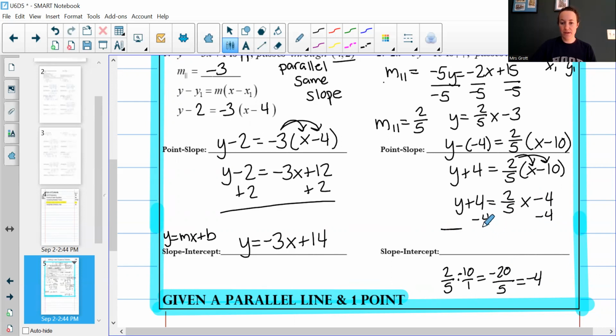Subtract 4 from both sides. Y equals 2 over 5x minus 8.